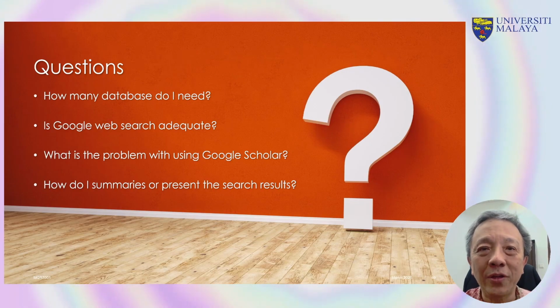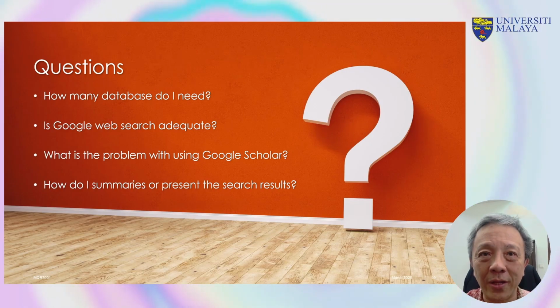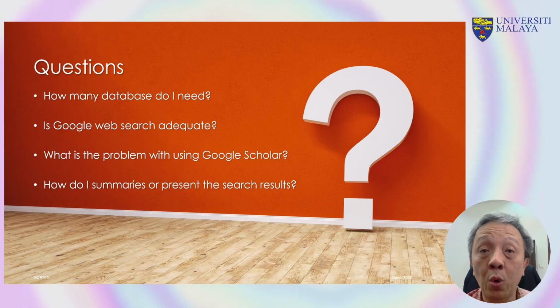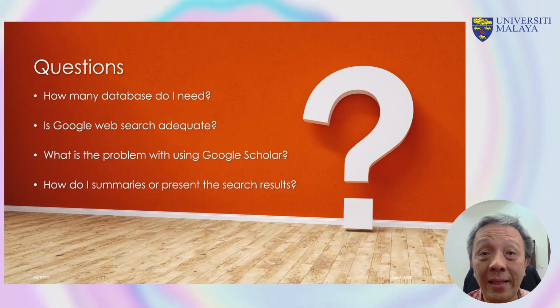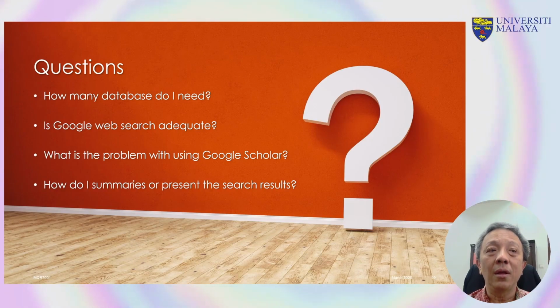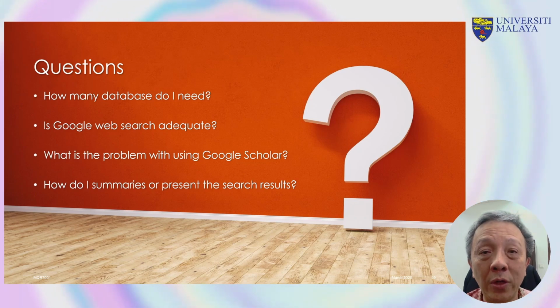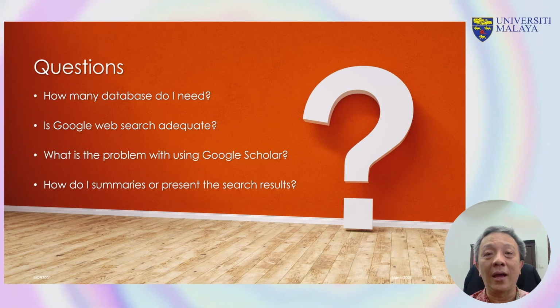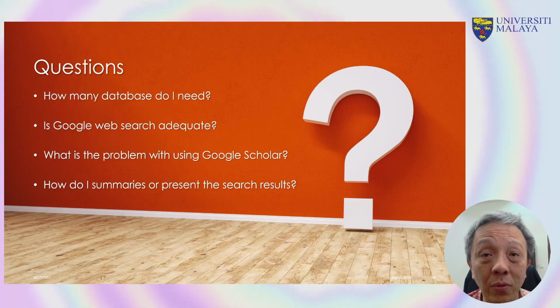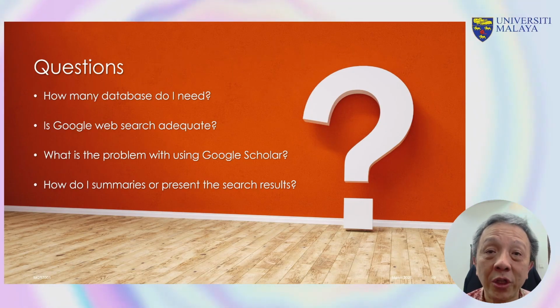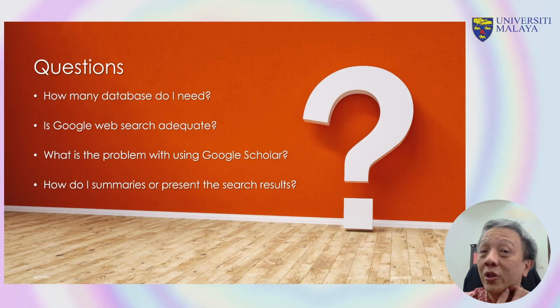Is Google web search adequate? No, as we discussed just now, Google web search is difficult for us to actually develop a good search strategy because we don't know how they index the searches. So when you use Google Scholar, it's also difficult for you to extract the data, and difficult for you to go back and save the search strategy.